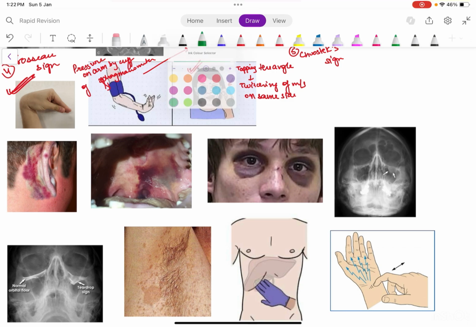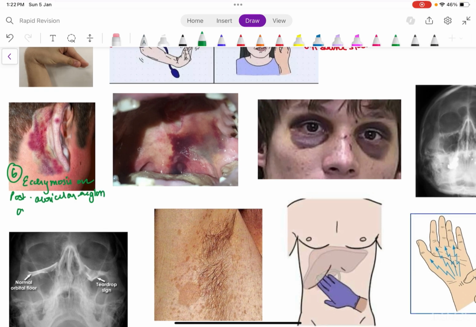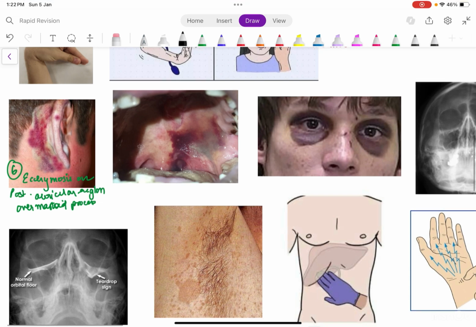Now here in this one, sixth, you can see there is ecchymosis on the post-auricular region, on the posterior auricular region over the mastoid process. This is most commonly asked in our exams. This is Battle's sign.